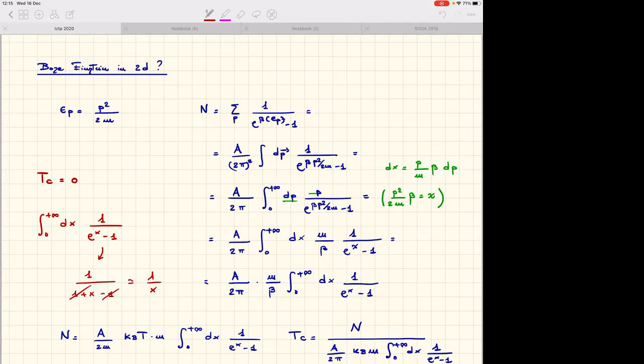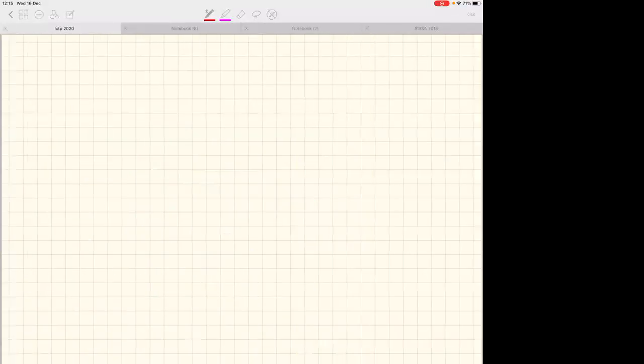Now, next time, I don't think I have enough time to do the next calculation, so I leave it to you as an exercise to see what happens in 1 dimension, BEC in 1D. Is there or isn't there Bose-Einstein condensation in 1 dimension? Well, what you have to do in practice always in order to answer this kind of question is try to solve this equation.